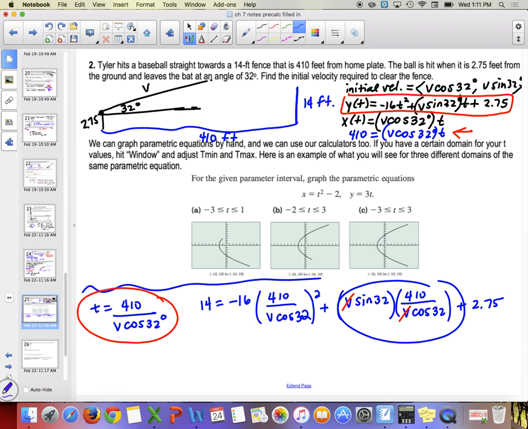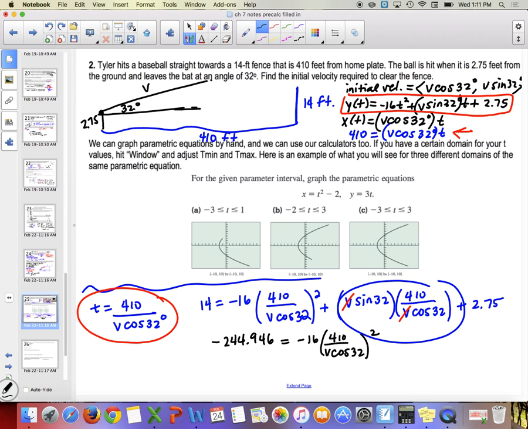So we're going to do minus, parentheses, sine of 32 times 410 divided by cosine of 32. So right now I'm at negative 244.946 equals negative 16 times 410 over v cosine of 32 squared.